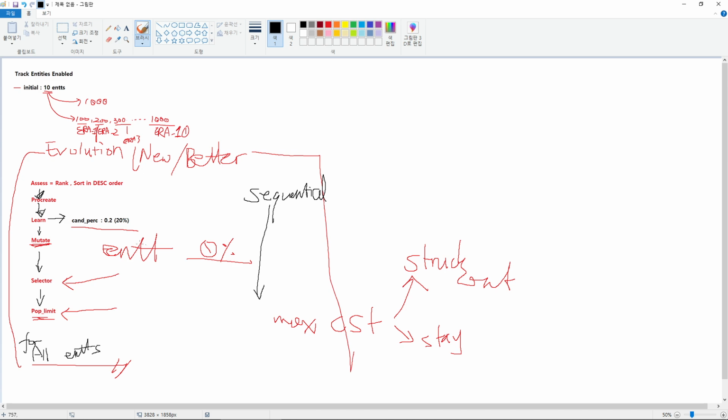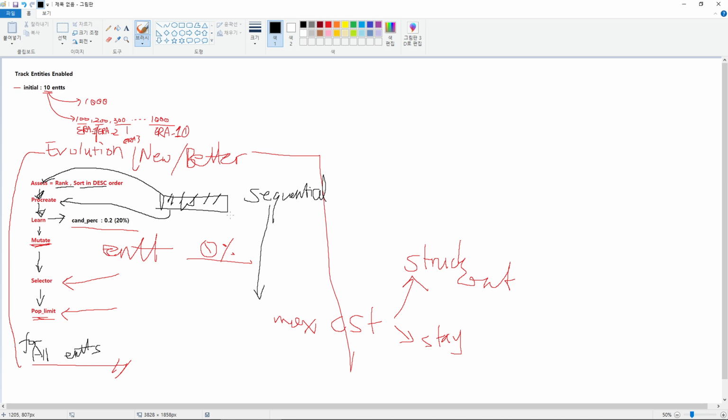Sequential. Because given a world of entities, they first have to be assessed so that they are ranked and sorted, and then some entities have to go through procreation.